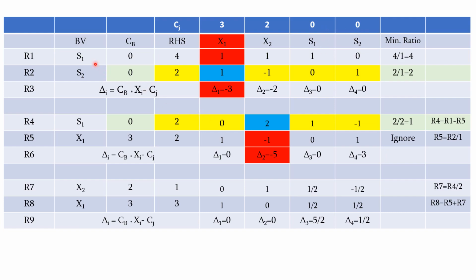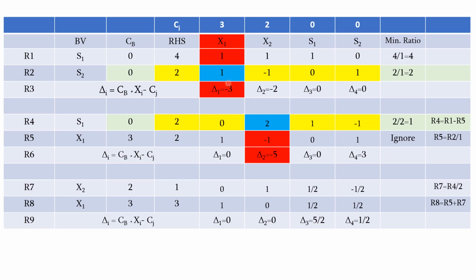Now I have told you what this is. Initially in the basis you have to add both slack variables. In the CB column you put the coefficients of s1 and s2 in the objective function. This is the RHS of the constraints, and these are the coefficients of the variables in the first constraint: x1 is 1, x2 is 1, s1 is 1, s2 is 0.